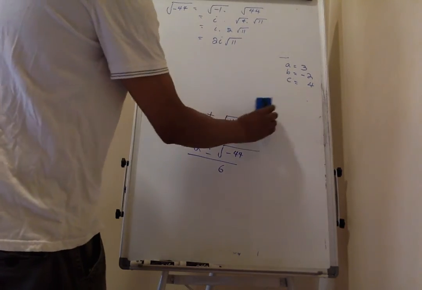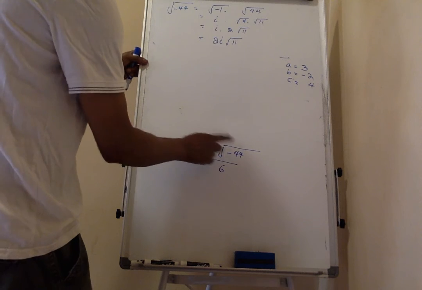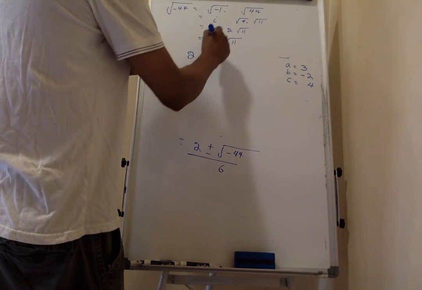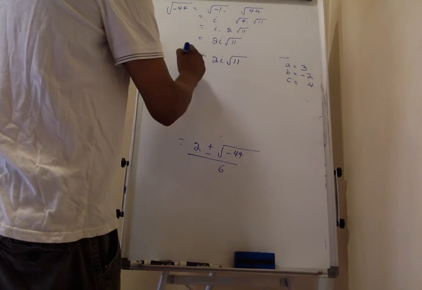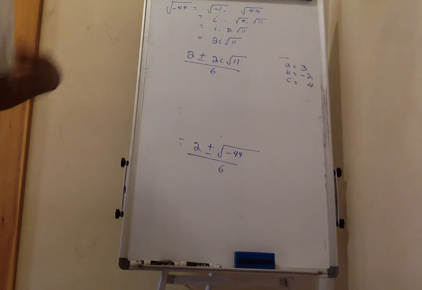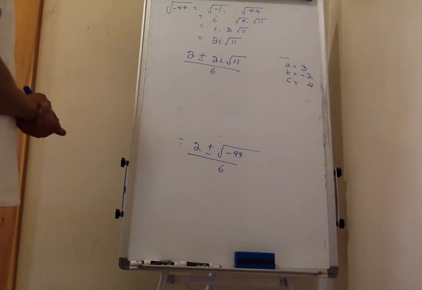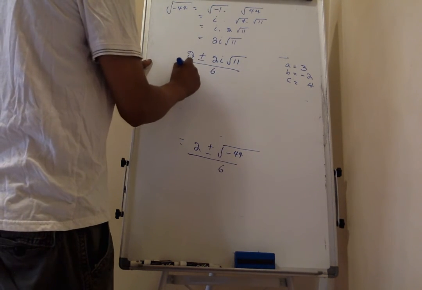So from here, what we're going to do is write 2 plus or minus 2i times the square root of 11 over 6. We're almost done. In fact, we are done, but let's simplify this. Now we have factors of 2. Take 2 out.